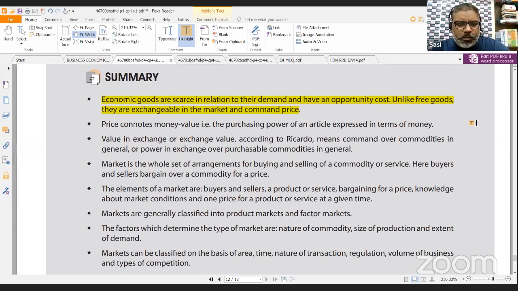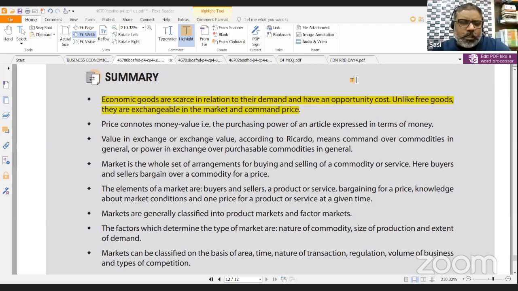And unlike free goods, they are exchangeable in the market and they command a price. That is an important point. Take free goods like water, oxygen. Of course, water not in water bottles, but the water available in the rivers and all, that is free. That does not have a price.